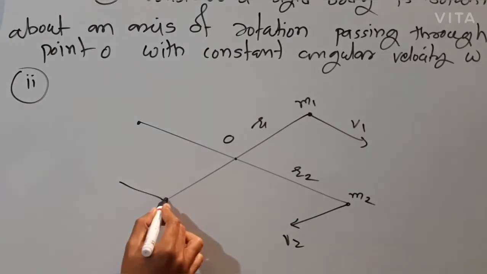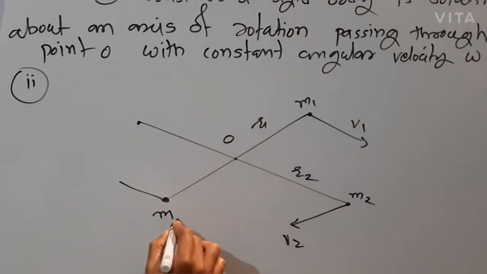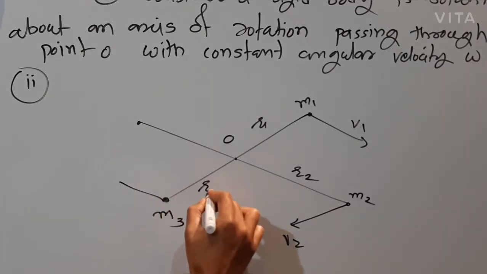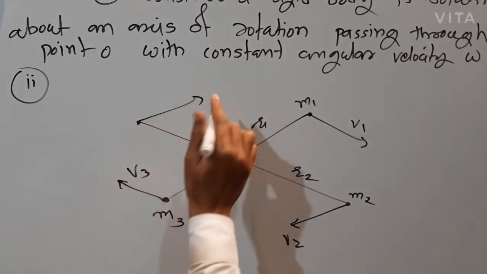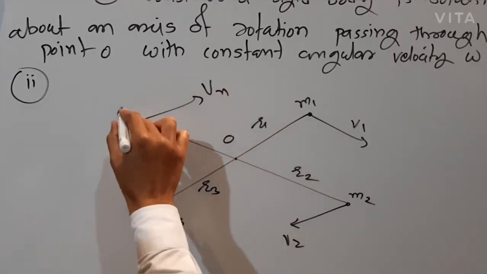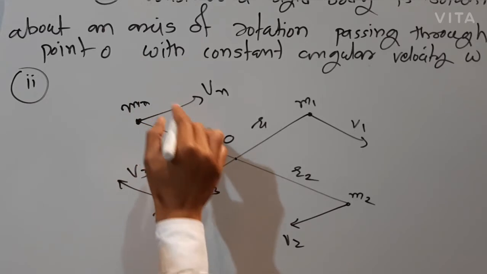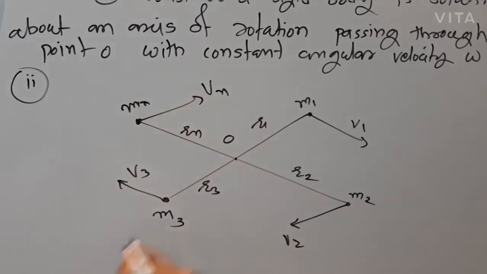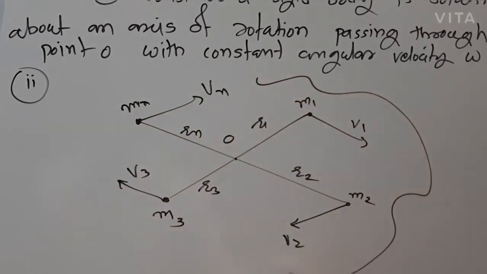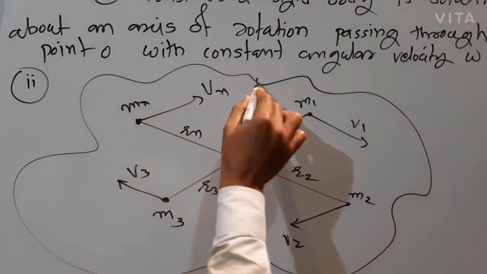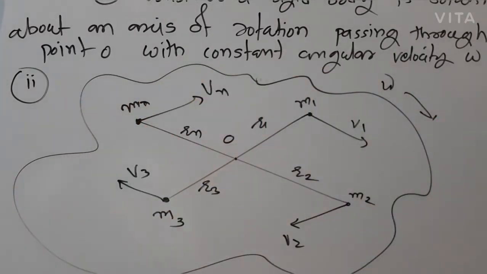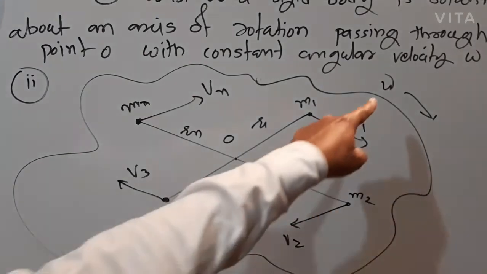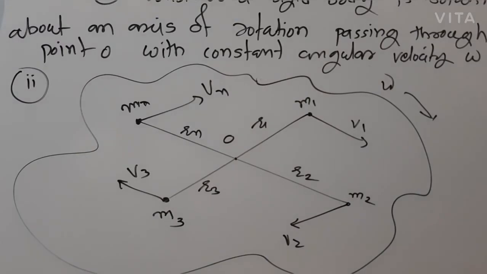Then this is a third particle, mass is M3, distance is R3, velocity is V3, and suppose that it is a last point having mass Mn and distance Rn. After completing this figure, draw the boundary and show the direction of rotation with angular velocity omega.